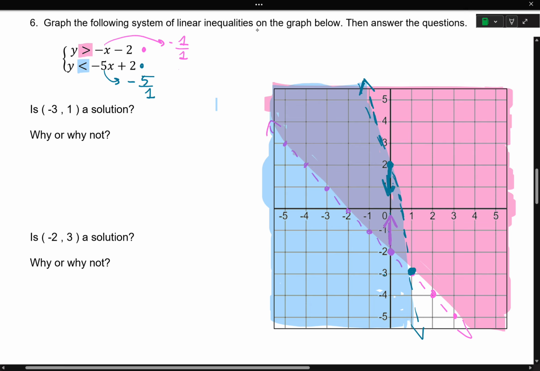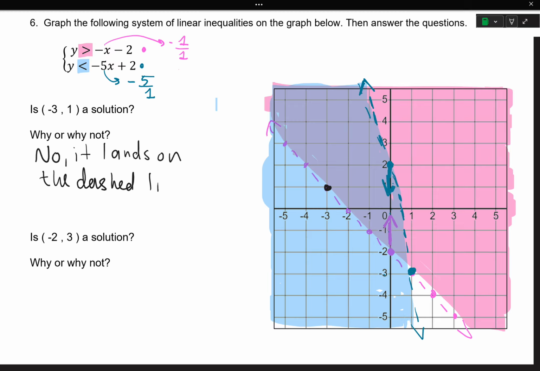All right, let's make it small again. Is (-3, 1) a solution? Let's check it out. (-3, 1). Nope. It's on a dashed line. No. It lands on the dashed line.